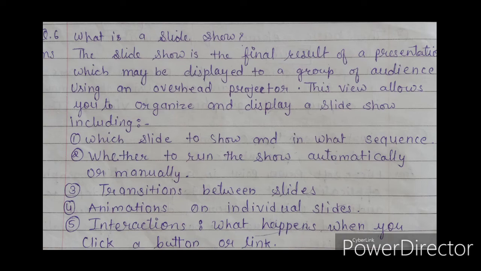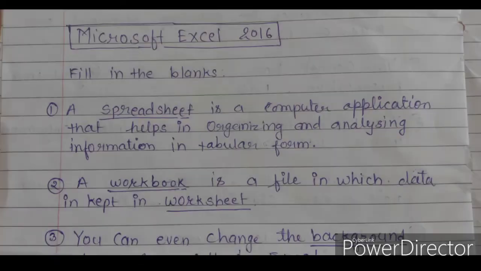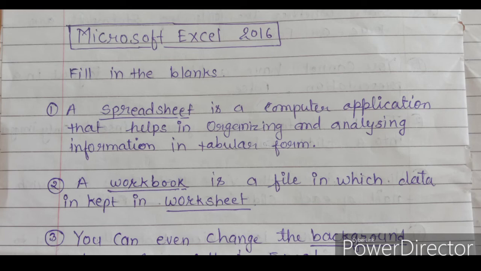Next one is Microsoft Excel 2016. Fill in the blanks. First, a spreadsheet is a computer application that helps in organizing and analyzing information in tabular form. Second, a workbook is a file in which data is kept in worksheets.